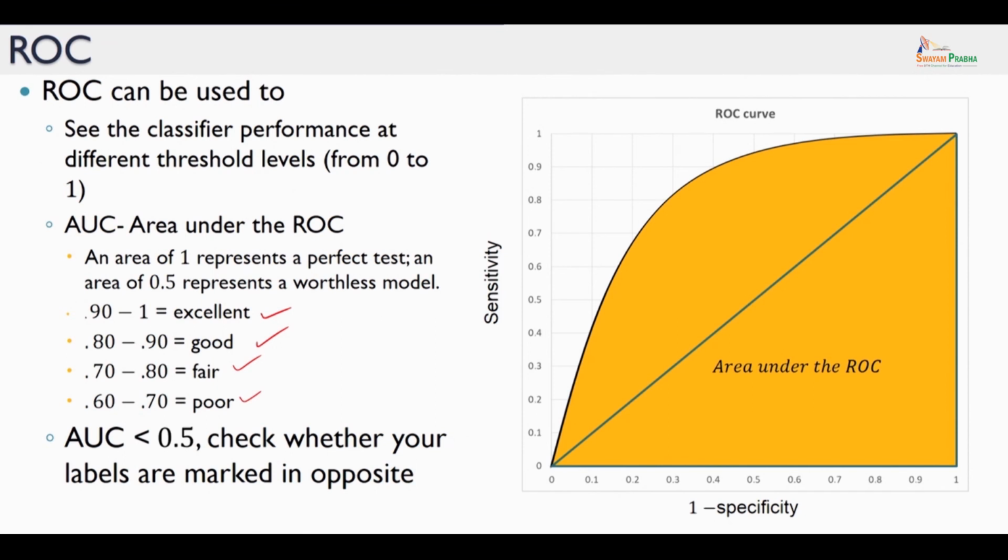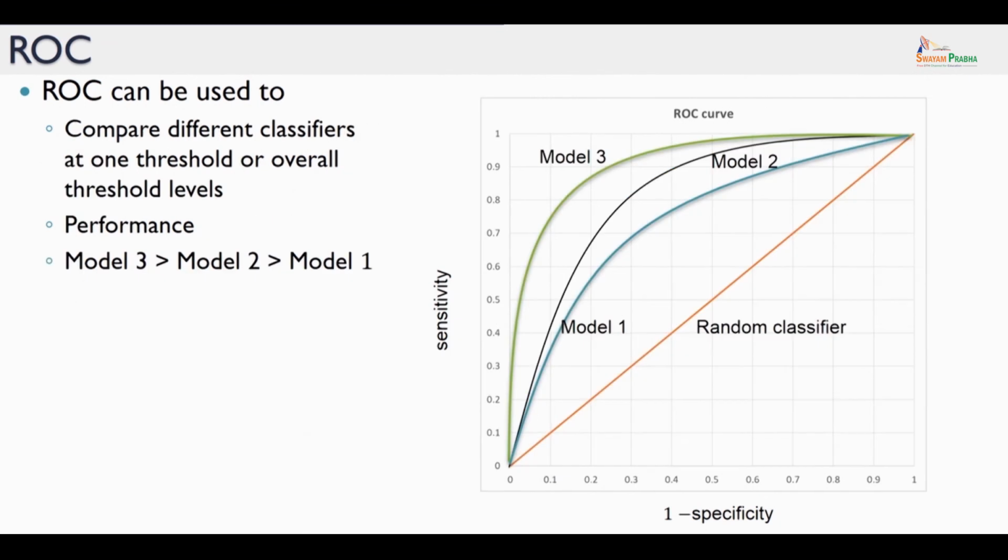So, this is for a single classifier, but if you have several classifiers that you are using, say this is classifier model 1, this is classifier model 2, classifier model 3, then this classifier is better than this classifier is better than this classifier, because at any sensitivity level, if I go across, the amount I give up in specificity, because this is the best specificity point, for classifier 3 is less than this, is less than this.